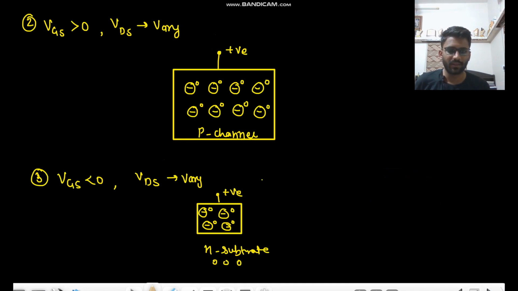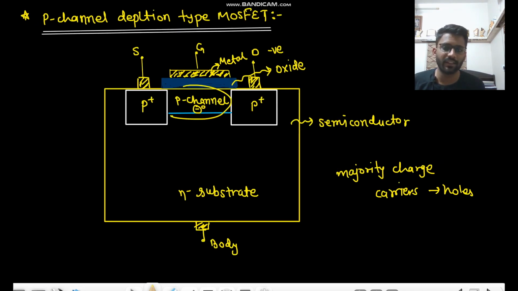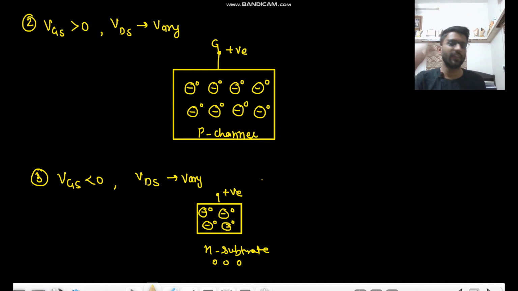Now what we will see here is that we are applying VGS greater than 0. This is the gate voltage, positive with respect to the source. Source is at ground. Now we are only forming the channel, we are interested in this part only. If we are applying positive voltage here, this hole will get repelled.